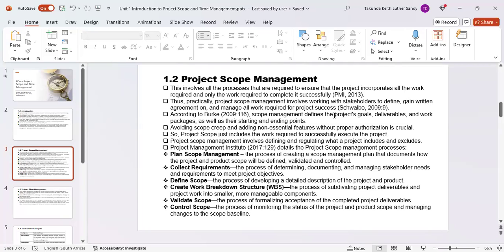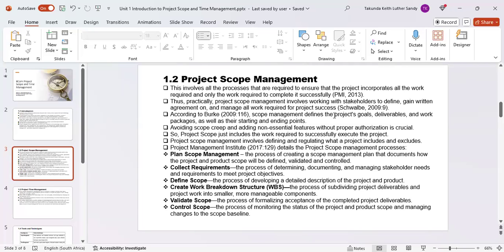After you have defined the scope, what do you do? You document it. You write down what you have agreed on to do on your project. And lastly, you manage that scope. You are making sure that the things you have agreed upon are adhered to during the project execution or implementation phase. So you are now managing scope.